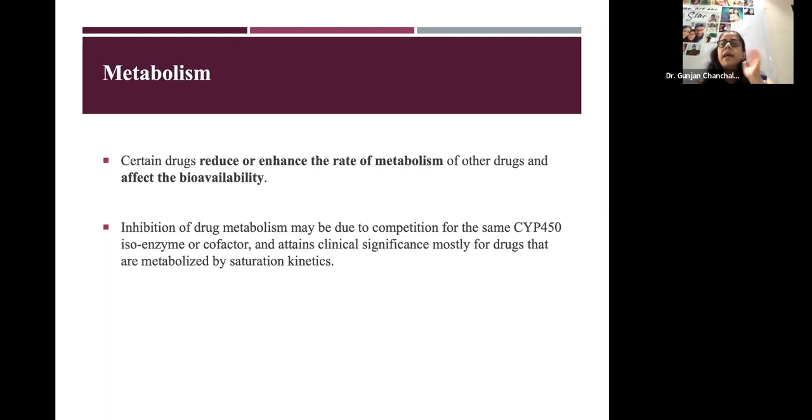If drug A is enhancing the metabolism of drug B, then the effect of drug B will decrease. That means sometimes a prodrug is converted to an active drug. So if drug A is inhibiting the conversion to the active drug, the effect will decrease. And if drug A is enhancing the conversion into the active drug, then the toxicity will increase.